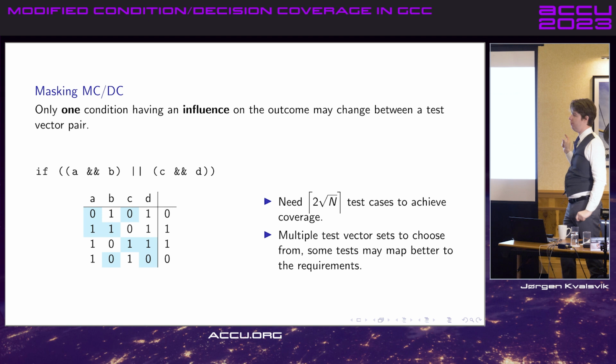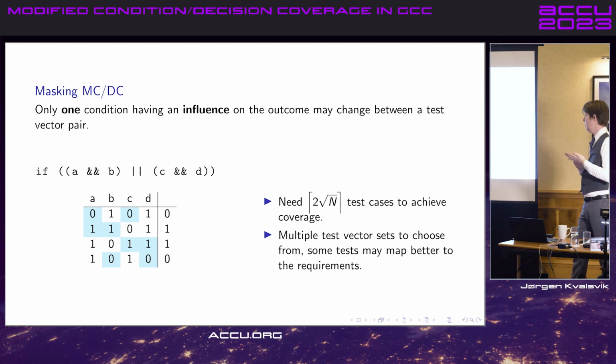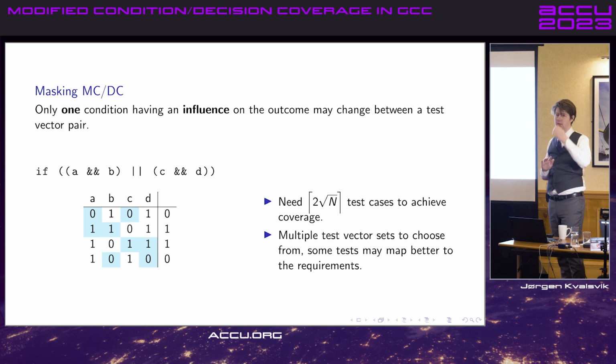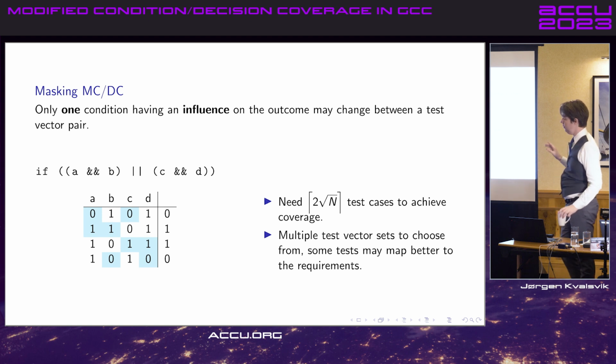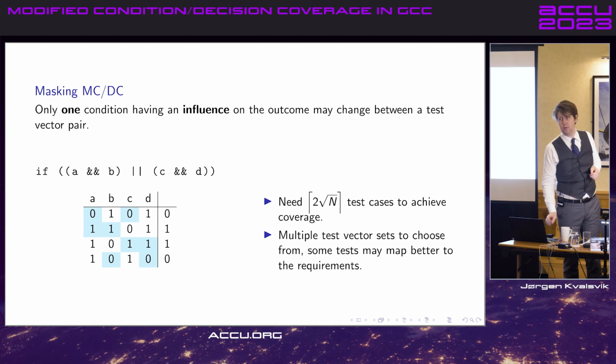But you can get away with much fewer test cases. It's two times the square root of n, rounded up, as the minimum test cases you need. What this gives you is that you have more test vector sets to choose from, which is a benefit because you can more accurately map to the requirements tests that are natural to do, right?